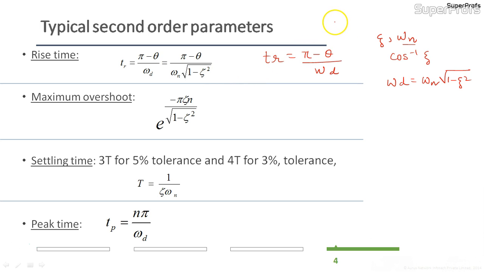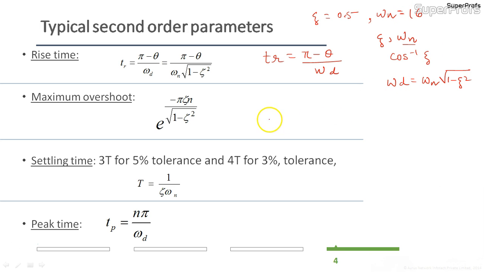Say zeta is equal to 0.5, which is the better value to calculate, and let us take omega n to be around, say, 16.